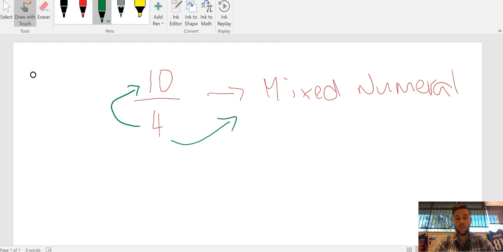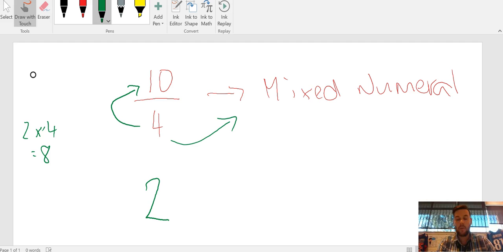So in this case, we know that the 4 goes into 10 2 times. So let's put 2 wholes there, because 2 times 4 equals 8. So how much does that leave over? That means there's 2 parts left over.